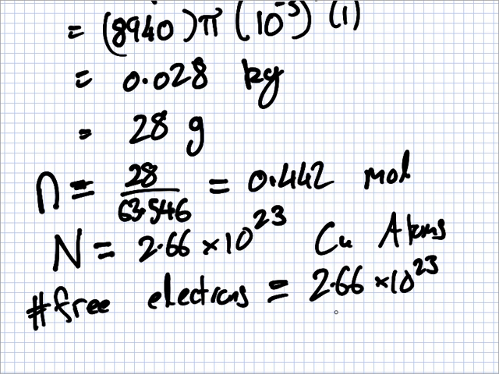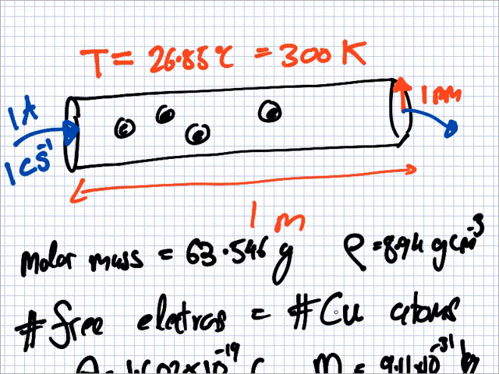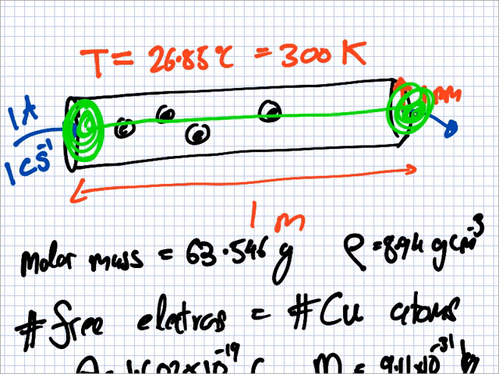So let's work out how fast these electrons have to move, okay? Think about it like this. You have 1 amp. So that means in 1 second you have 1 coulomb running through the wire and coming out the other side. 1 coulomb has to run through it.